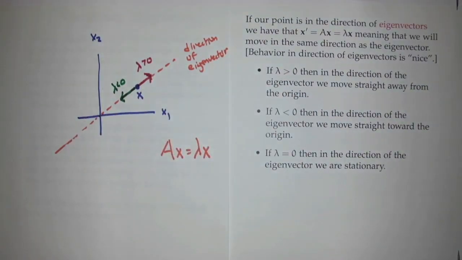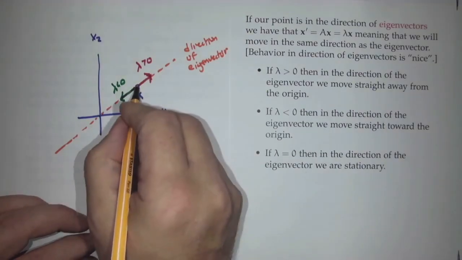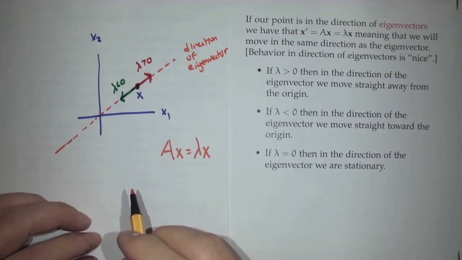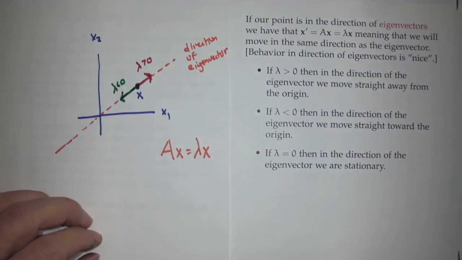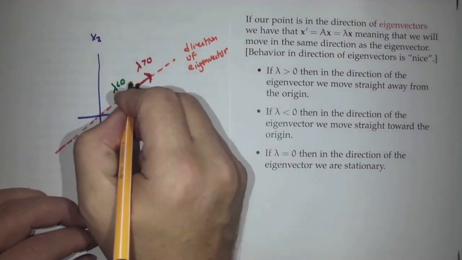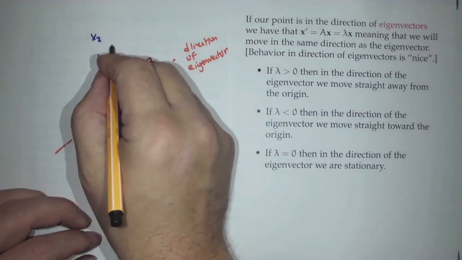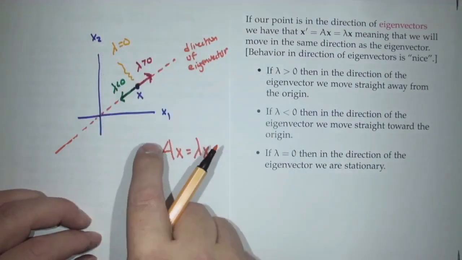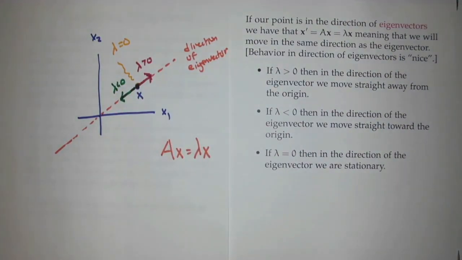Now what's the last case? Zero. So if lambda is 0, where do we point? Nowhere. Why? Well, what's our vector? The 0 vector. So when lambda equals 0, what do we do? Well, the 0 vector says, don't do anything. Stay put.